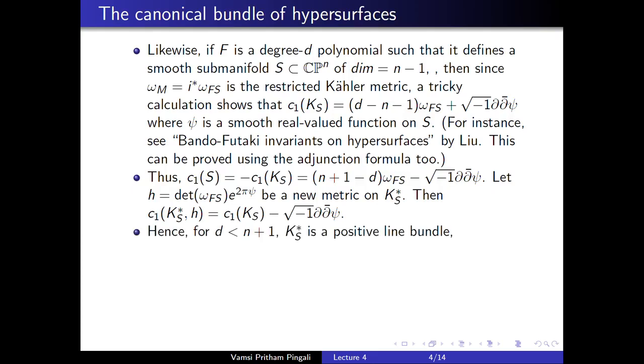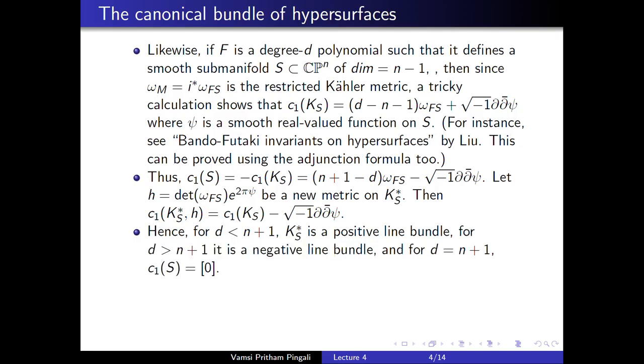As a consequence, if d is very small, the first Chern form of that metric is positive. So the anti-canonical bundle is a positive line bundle. If d is very large, d larger than n plus 1, then it's a negative line bundle. For d equals n plus 1, the first Chern class is 0, right?